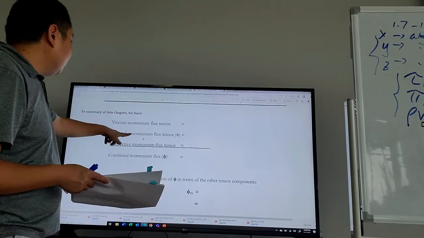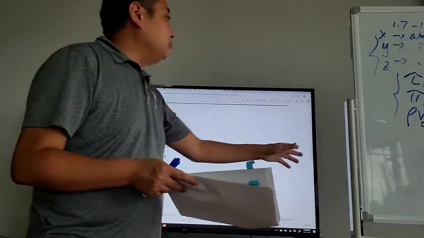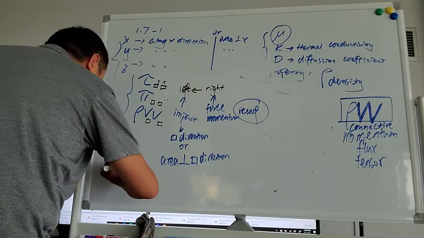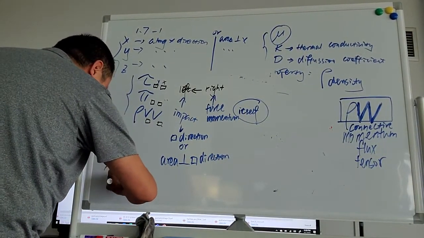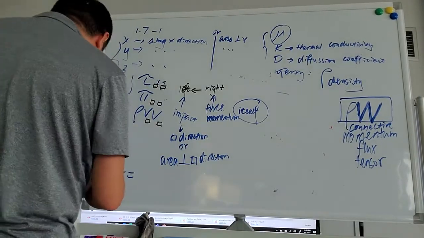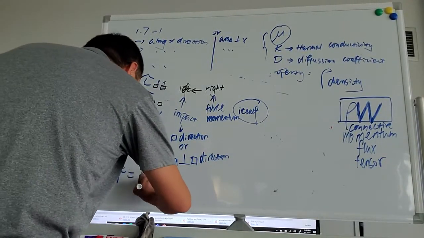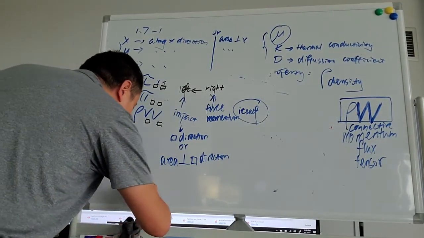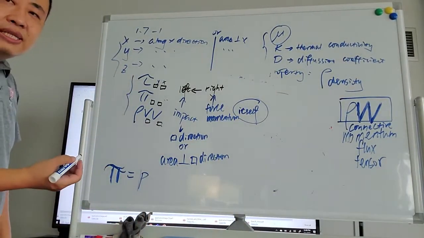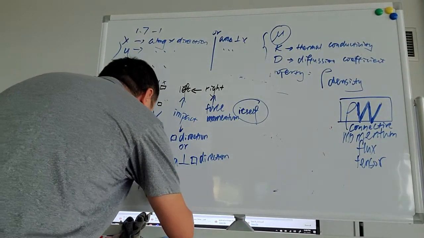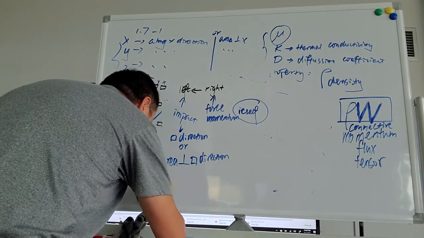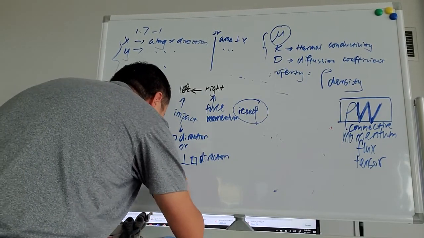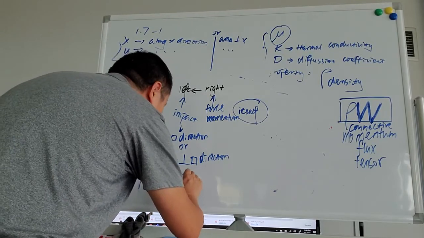So the molecular momentum flux tensor, pi, again bold, equals p, remember p is a scalar, not bold, lowercase and italic, times the Kronecker delta, then plus tau.